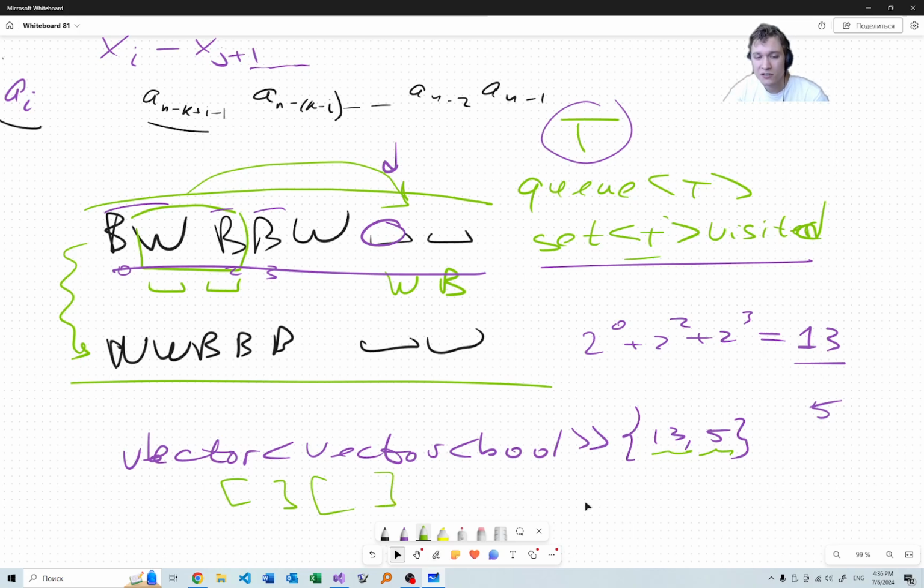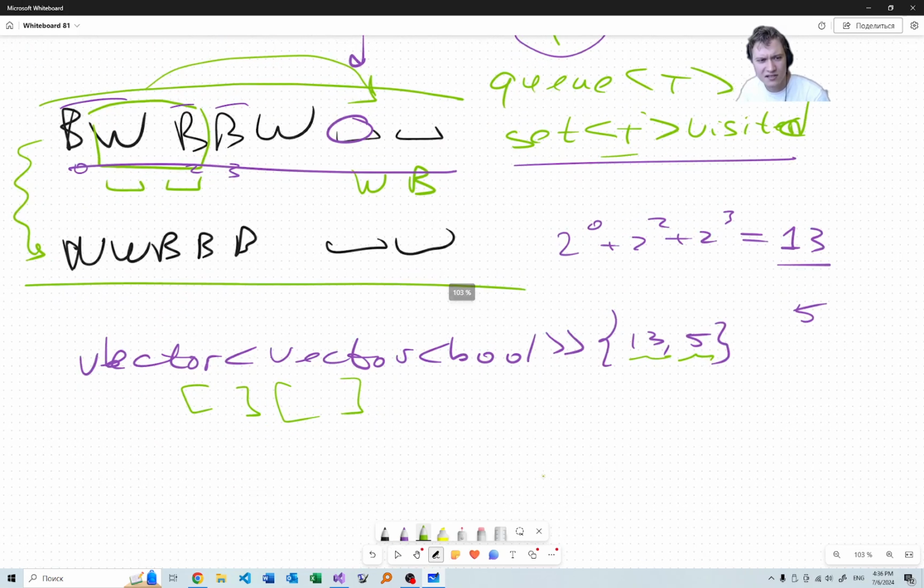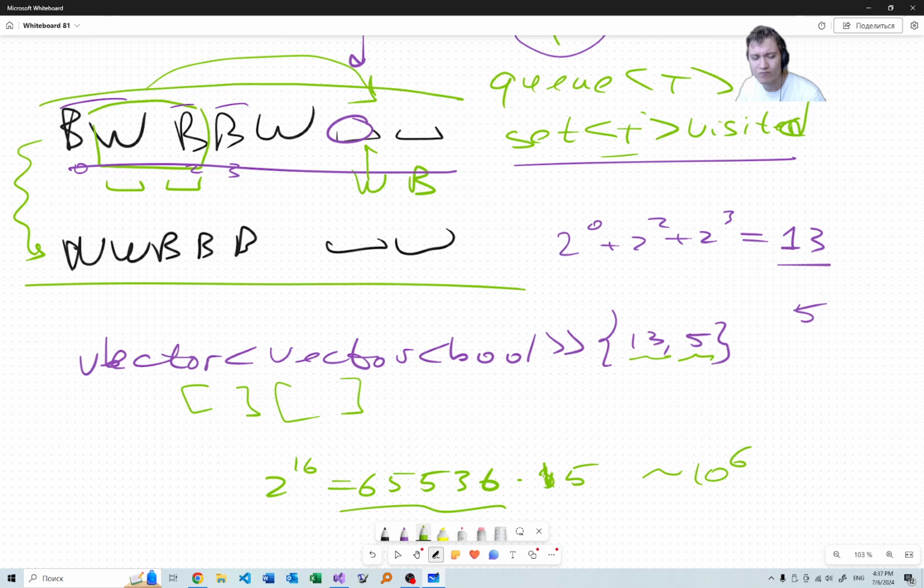So how much memory do you need? The mask takes 2 to the power 16 states, and for the position of the first space there are 15 possible positions. So you multiply by 15, and this is around a million, probably. Not much.